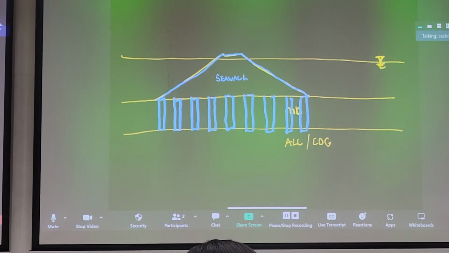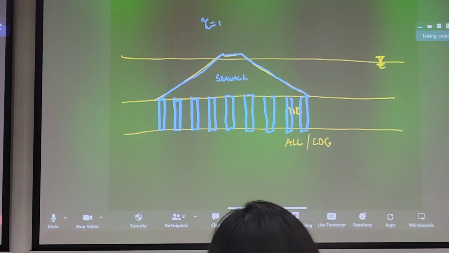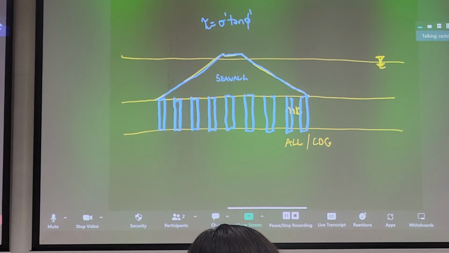Now, stone columns are basically coarse granular material. It's frictional, right? So if it's frictional, we can expect it to follow some rule that looks like this, right? Shear resistance. Now, what's interesting, we do build seawalls like this, where it's sloping up at some angle here.